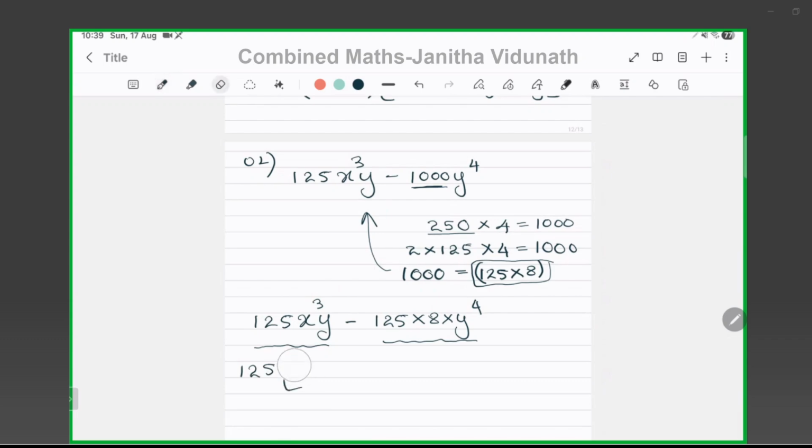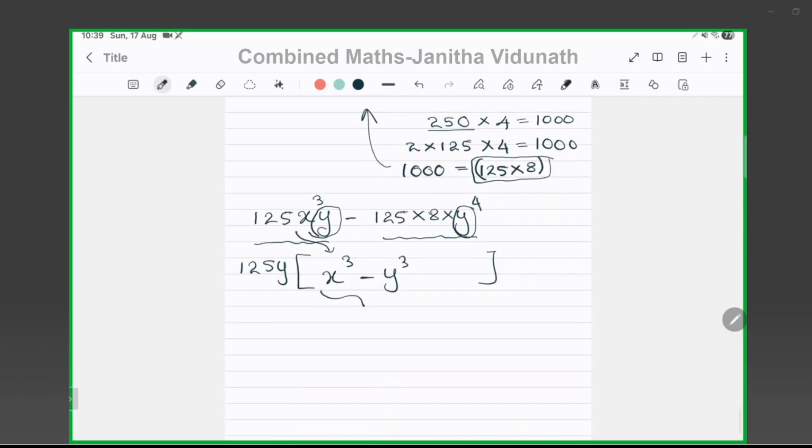And also we can see y is common for both terms. Then we can simply factor out 125 times y. The remaining terms are, from the first term, x cubed, and from the second term, y to the power 3.